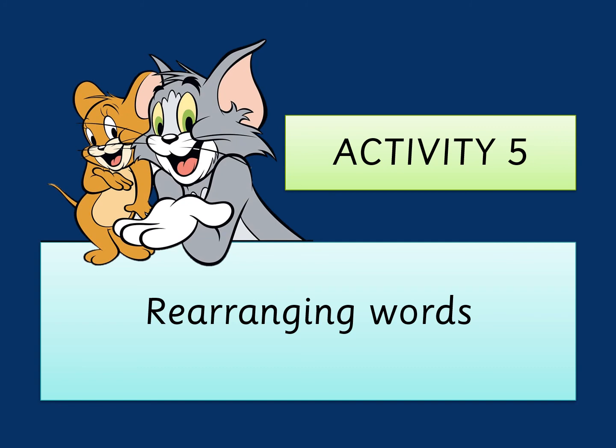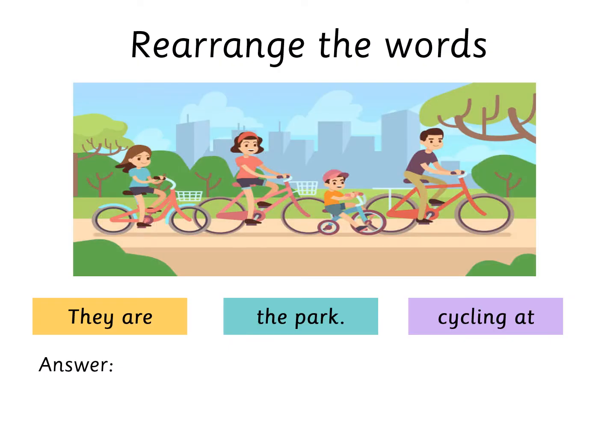For our next activity, activity 5, you are going to rearrange the words. Here is an example. Look at the picture. What are they doing? There are 3 options there. They are the park cycling at. What is the answer?